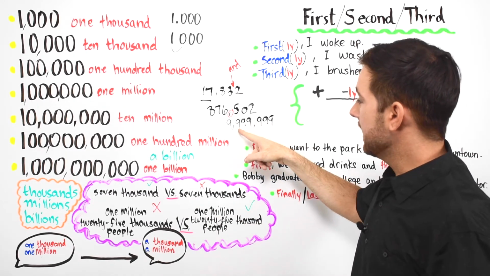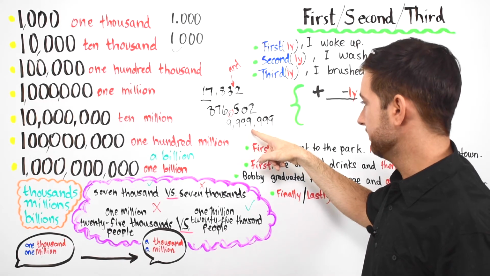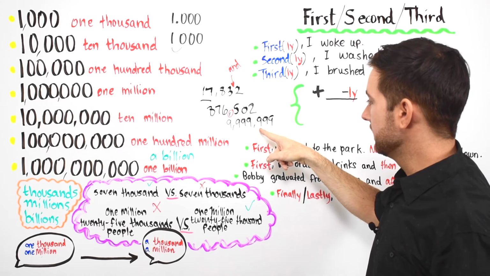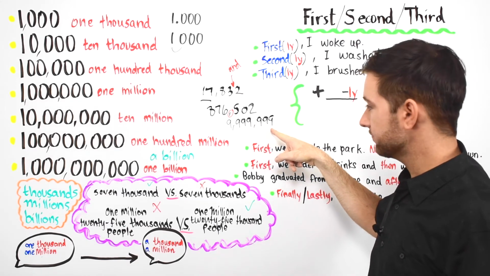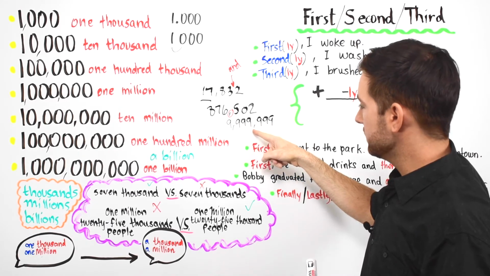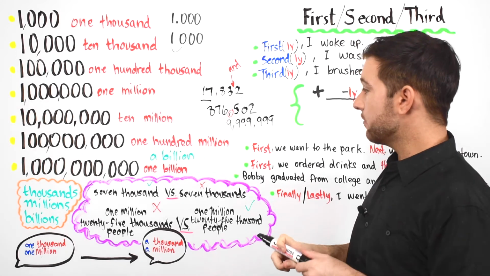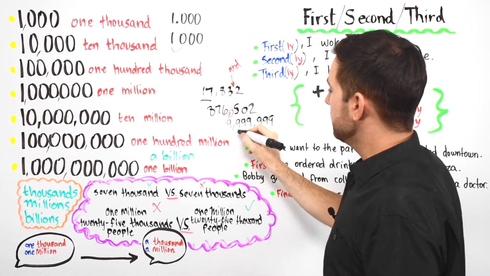Okay, 999,000, 999. Okay, so 9,999,999. Okay. Notice how I say it. I say 9 million.